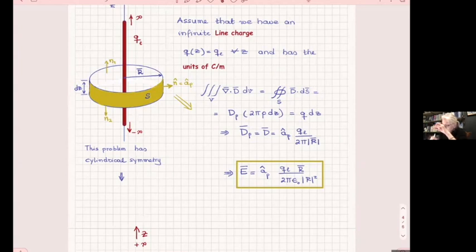The surface of this thin cylinder is made out of a cylindrical surface, which has a teeny thickness of d sub z, and of the two faces, the upper face and the lower face.